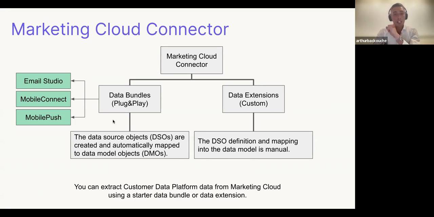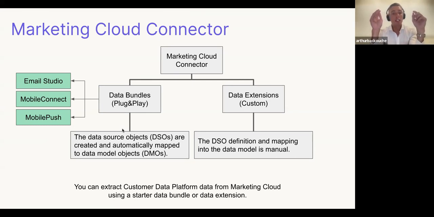So if you set up a data bundle, the plug and play method, your data source object will be automatically mapped to a data model object. It's really interesting. What is a data source object? It's basically raw data.